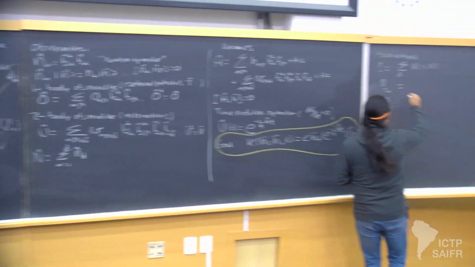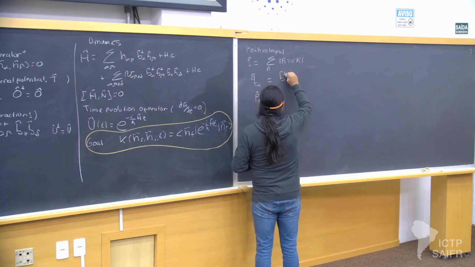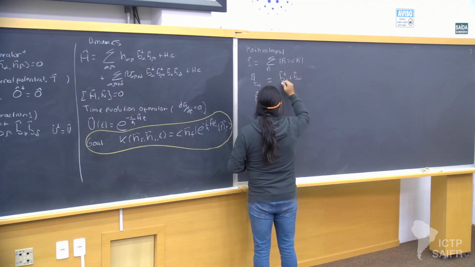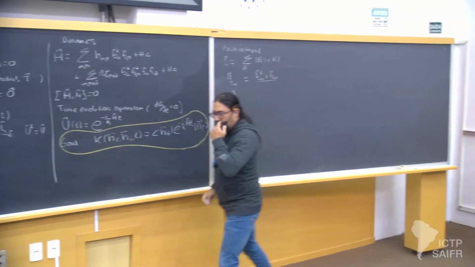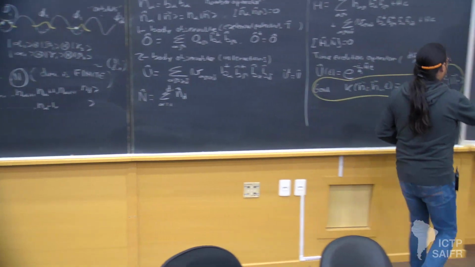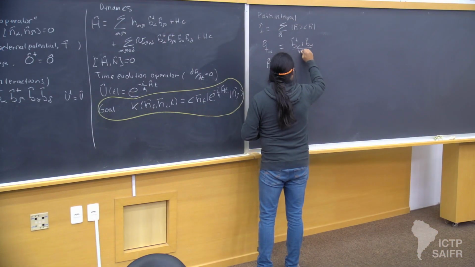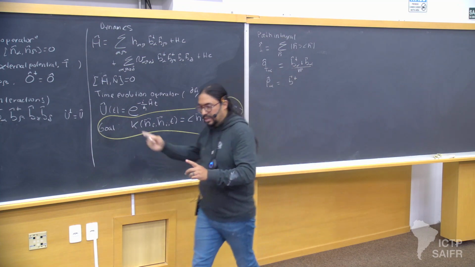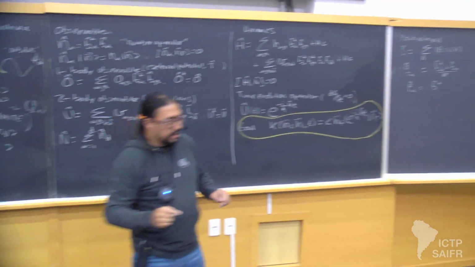Exact. With some normalization, which is conventional, we took the square root of 2. And I don't know if this is, yeah, it's like that.